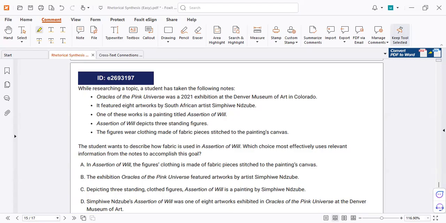You think it's letter A? Yes. It is perfect.